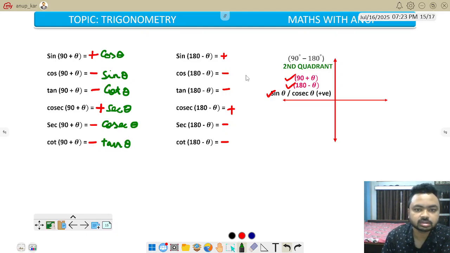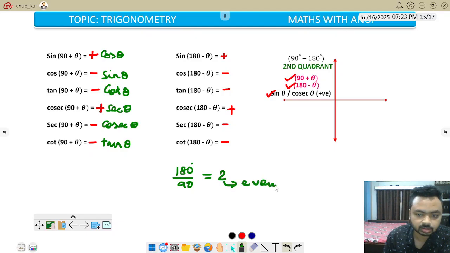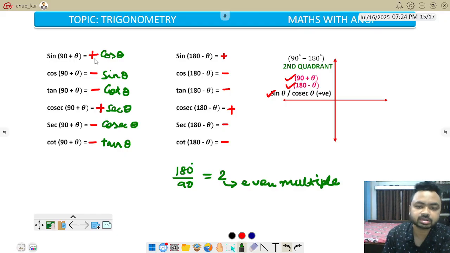Here 180 degree, so 180 degree by 90 is how much? 2, which is an even multiple. So remember one thing: whenever it is an even multiple of 90 degree, the trigonometric ratios won't change, and whenever it is an odd multiple of 90, trigonometric ratios will change to their complementary.